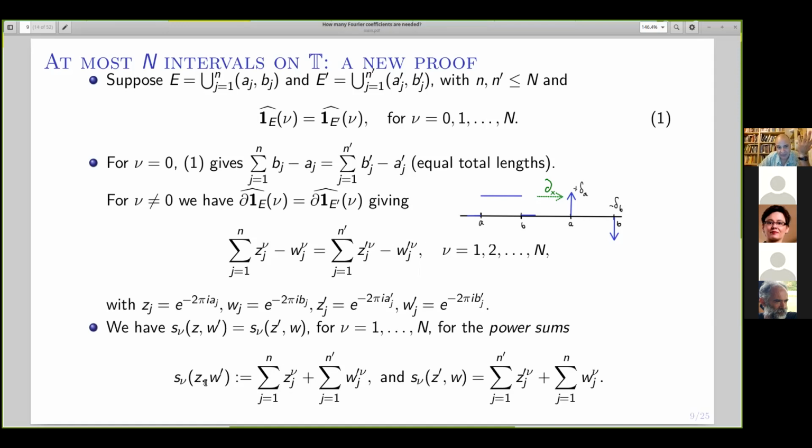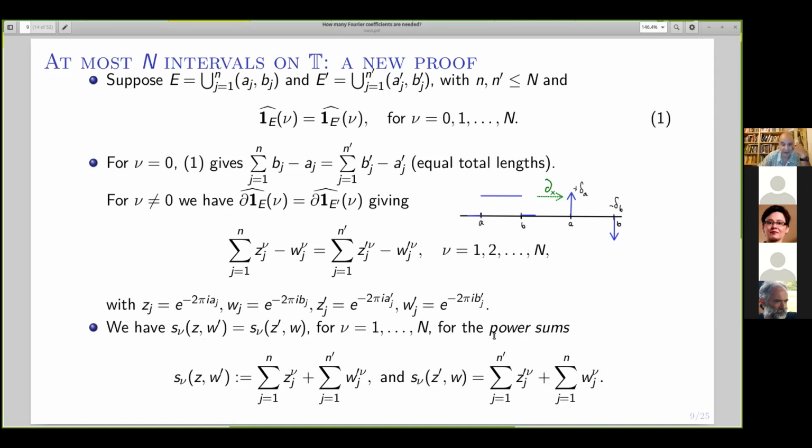Since here we have the z's and the w primes, which are the left endpoints of the first set and the right endpoints of the second, the corresponding power sum is exactly this that you see here, which is what would arise if we took those numbers and moved them to the left. And the corresponding power sum on the other side is this, which is what would arise if we took those wj from here and took them to the right. So these power sums are identical for all these values of nu.